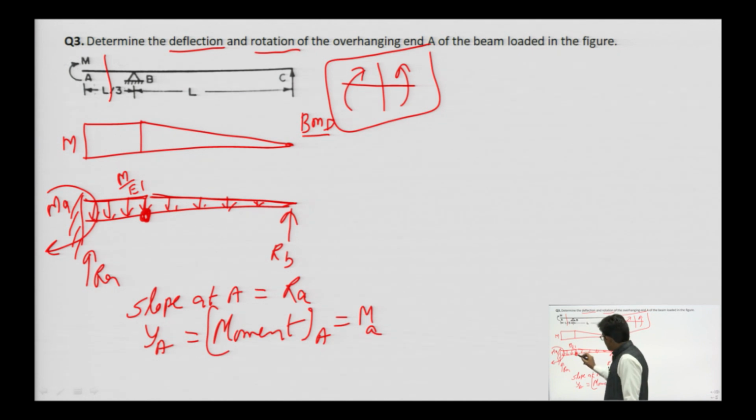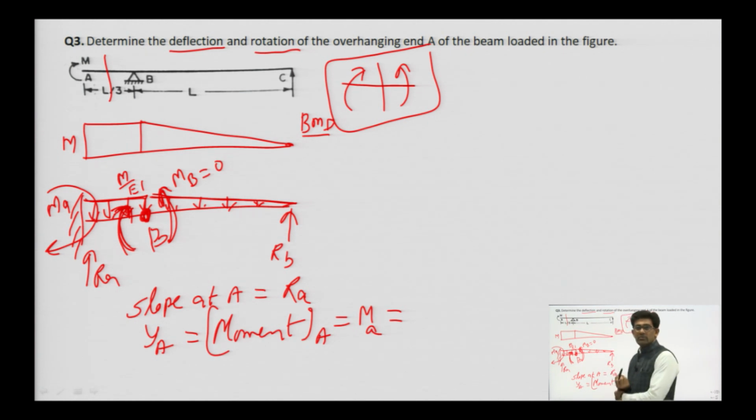We need to find the values of RA and RB. MA will be calculated by the condition of static equilibrium. Here, since we have an internal hinge, the bending moment at this point, say this point is B, MB is equal to 0 here.